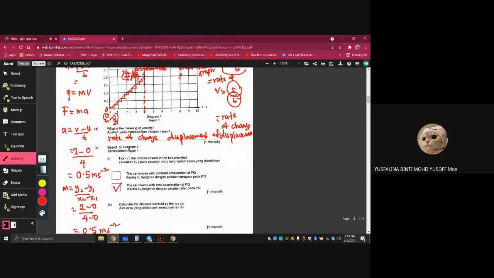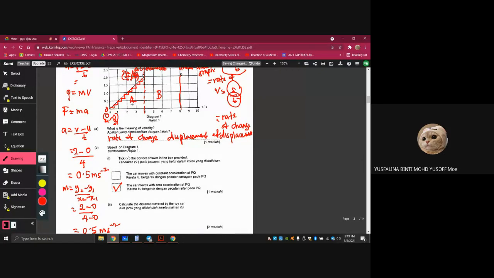If you are good at the trapezium formula, you can straight away use it from this side. This is a trapezium. Or if you are not good at using the trapezium formula, you can divide it into two: the first one is a triangle and the second one is a rectangle.